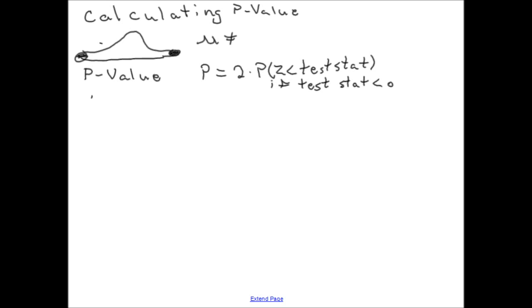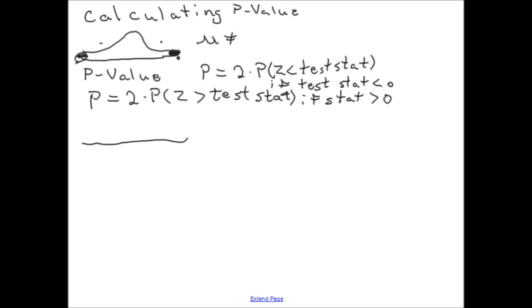Your p-value would be p equals 2 times the probability that z is greater than your test stat. That's if your test stat is greater than 0. So up here on this right-hand side, you're always looking at the small area when you're dealing with those.